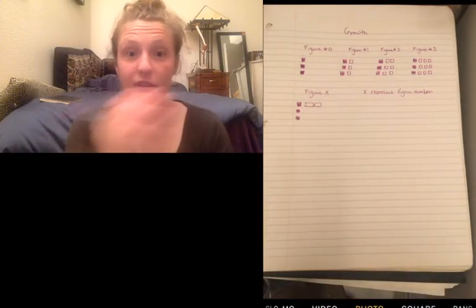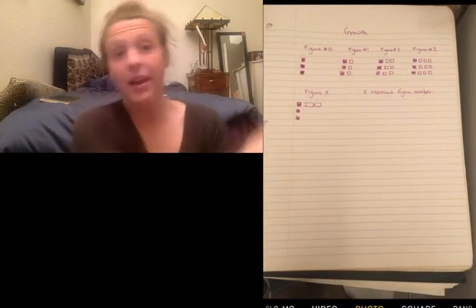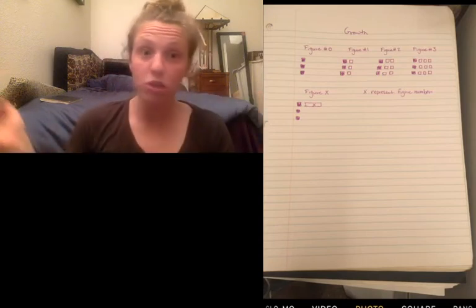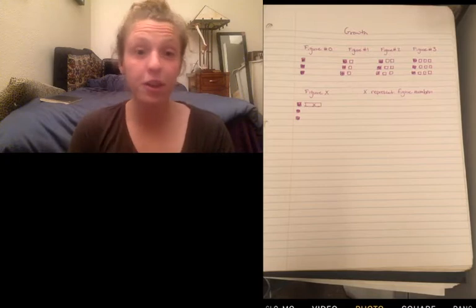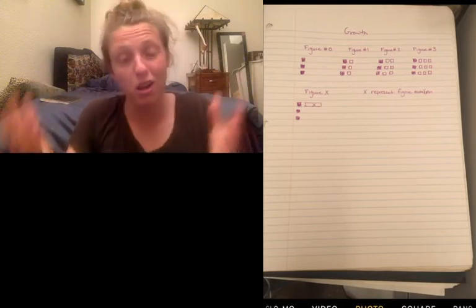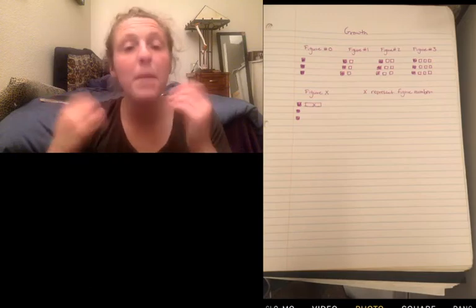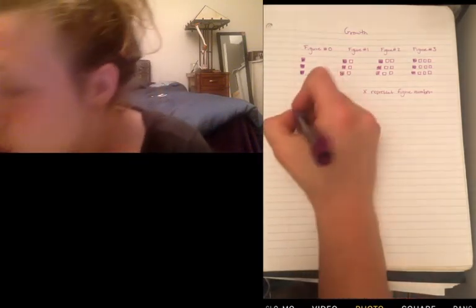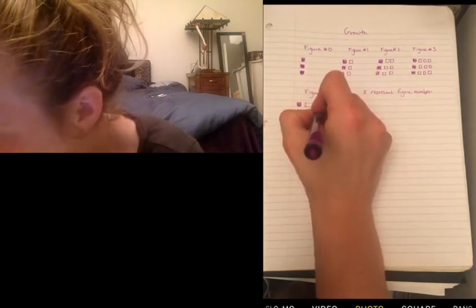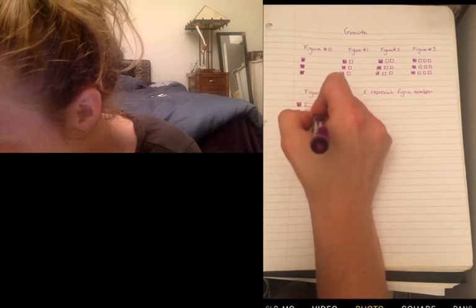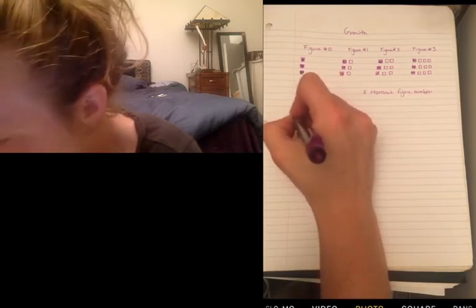If it's figure 100, that block is hella long. That block would reach all the way across my page. But if it's figure number 4, that block is only 4 squares long. We're now making a representation that should represent every single figure. So there's 1, 2, 3.